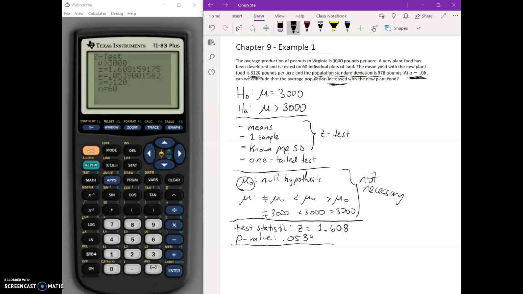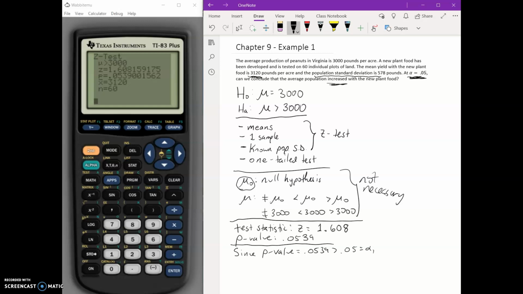So what this looks like now is we make the claim here that since our p-value, which is equal to 0.0539, is larger than 0.05, which is equal to our alpha, we have to decide, do we reject the null hypothesis or do we not reject the null hypothesis?